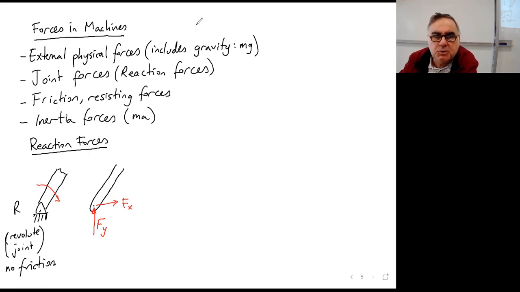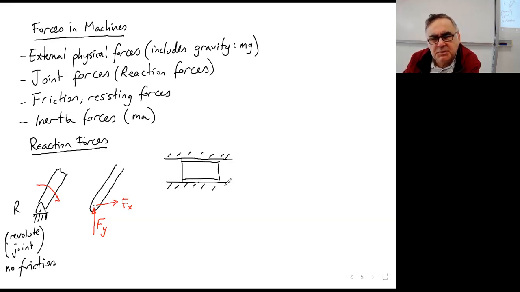On the prismatic joint, on the other hand, let's say that this is your member, and this member is on a prismatic joint like this one.